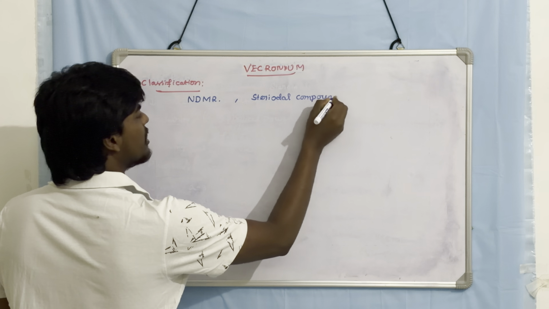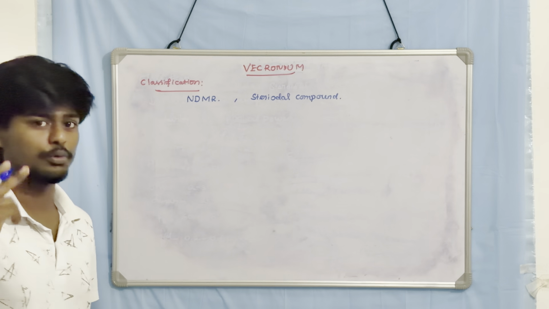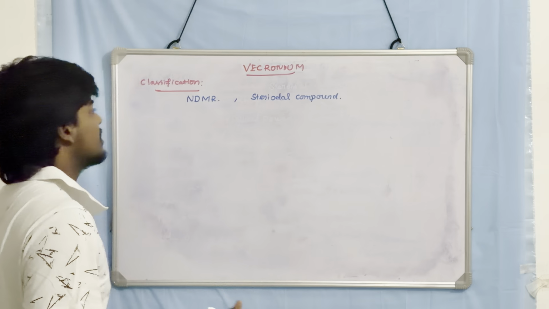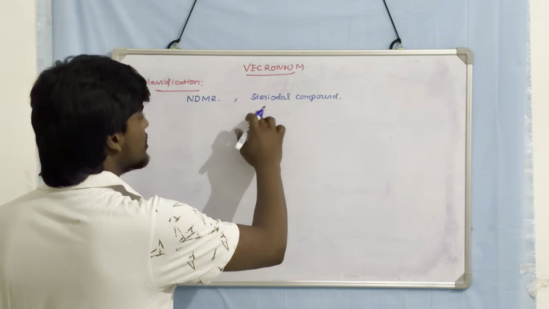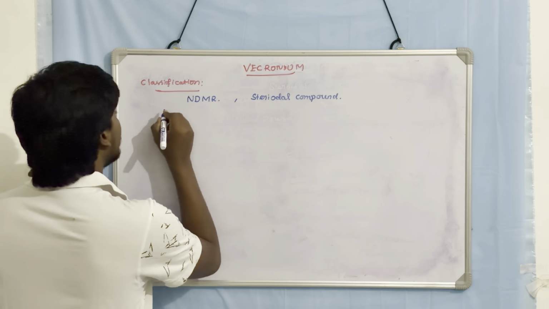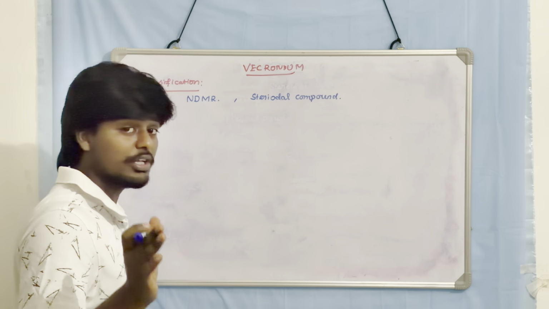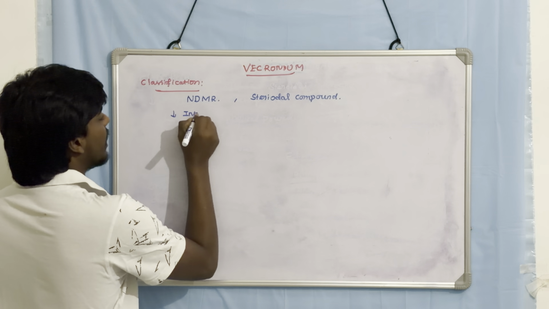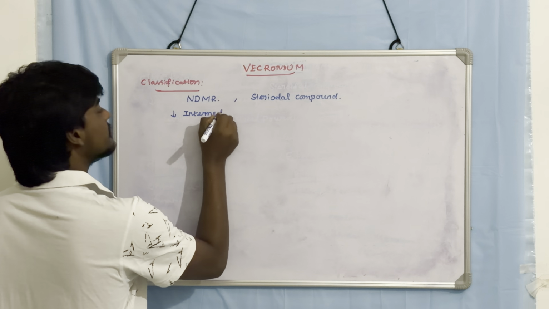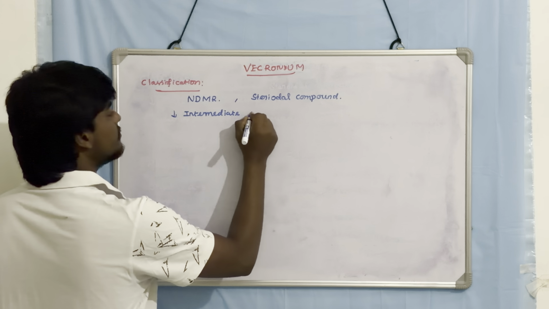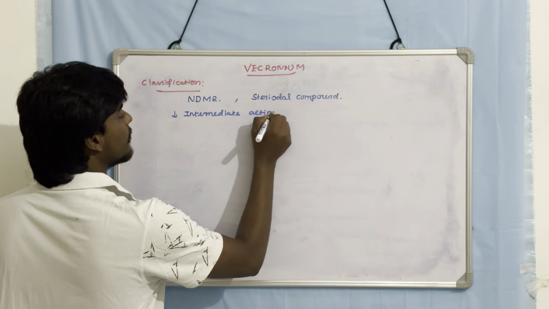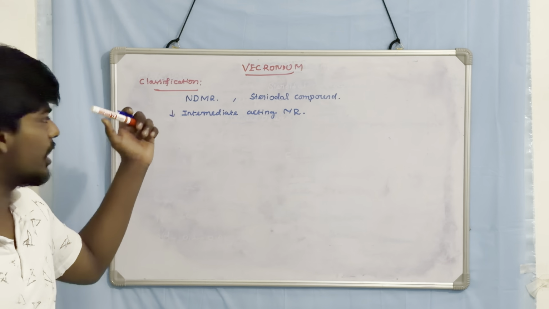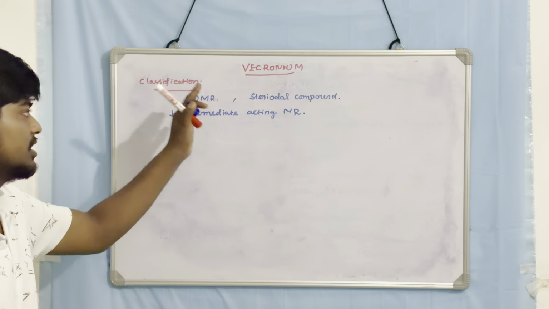Chemically, non-depolarizing muscle relaxants are divided into two types: one is benzylisoquinoline, the other is steroidal. So Vecuronium is a steroidal compound, and based upon the duration of action, it is an intermediate acting muscle relaxant.